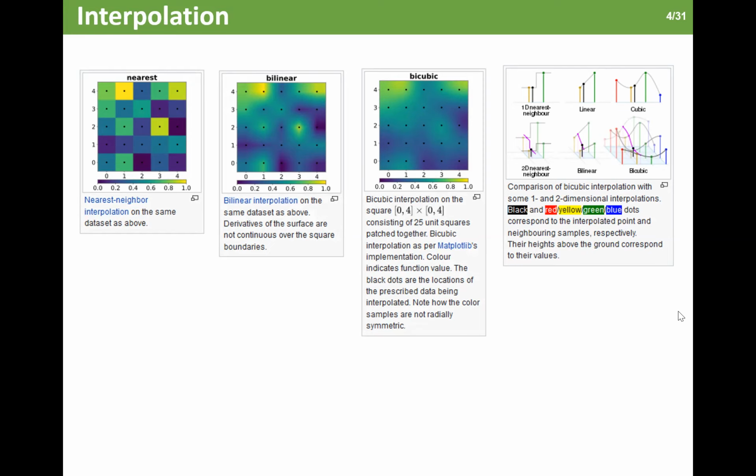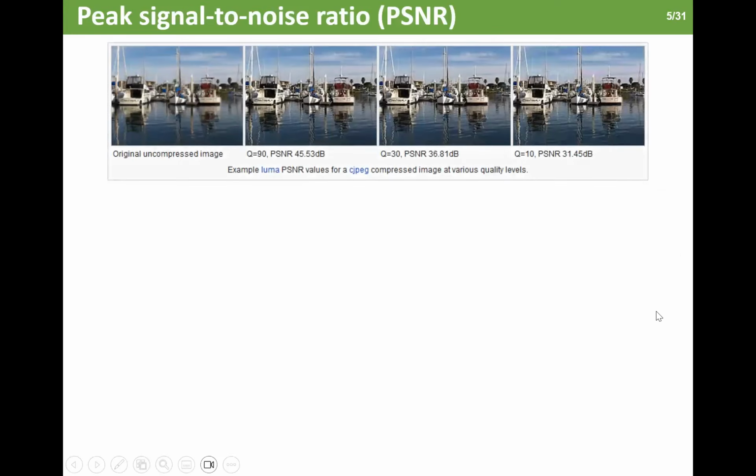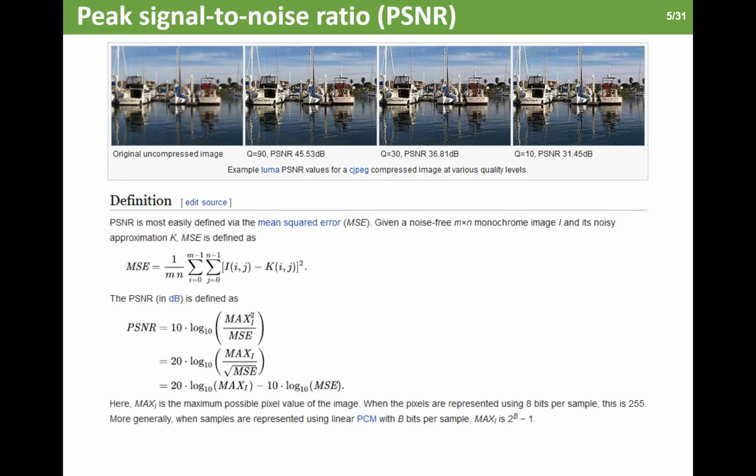Down here. Okay. So a peak signal to noise ratio is used. It's kind of hard to see in this image, but this is the original image, and then the quality is going down here. So you see the PSNR score going down here. So this image is supposedly less quality than this image, but it's kind of hard to see on this screen.